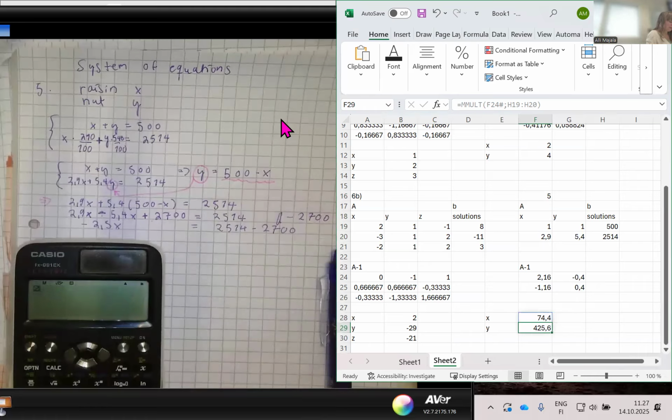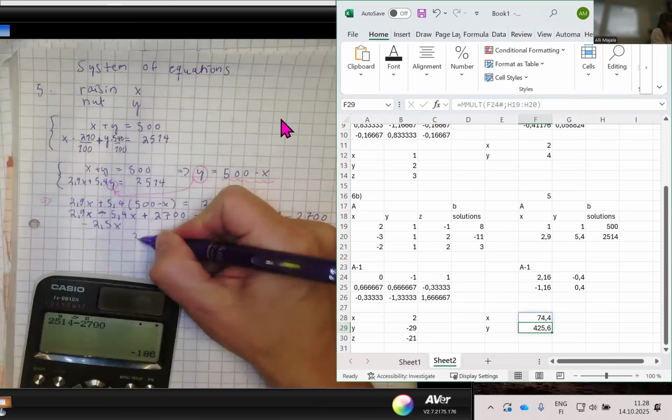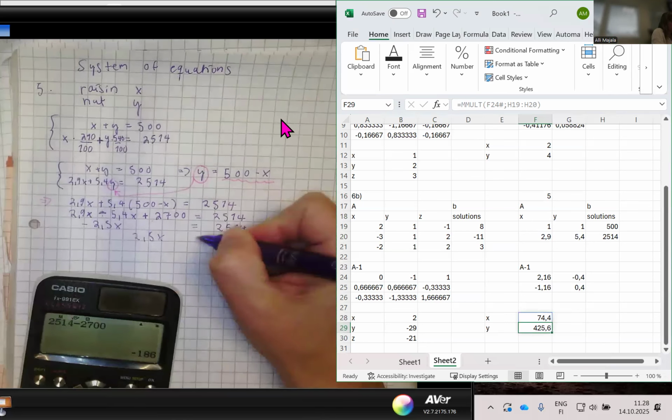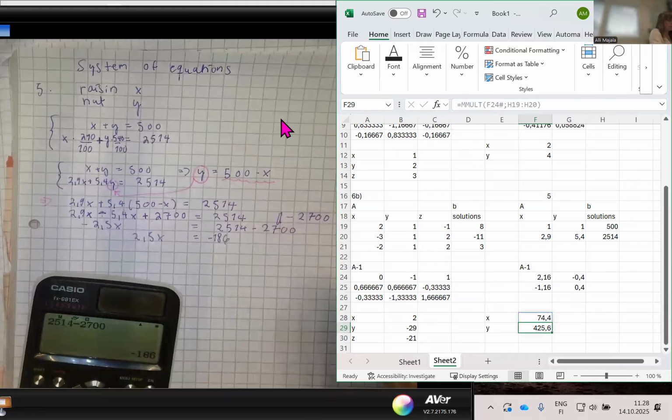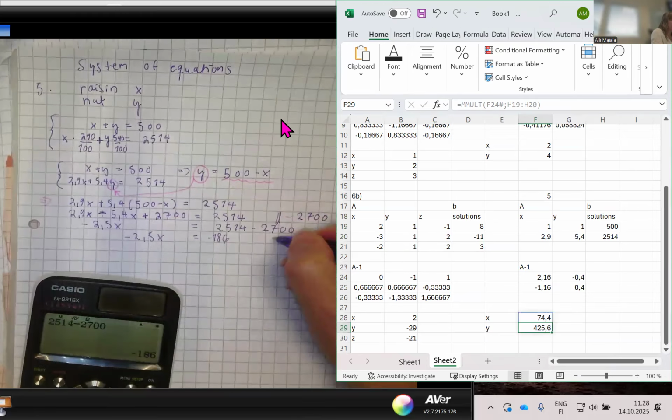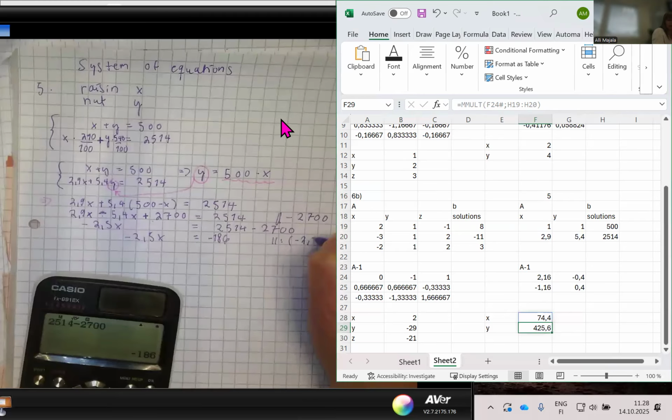And here again, maybe I want to use the calculator. 2.5x is minus 186, and then I have to divide with the minus 2.5.